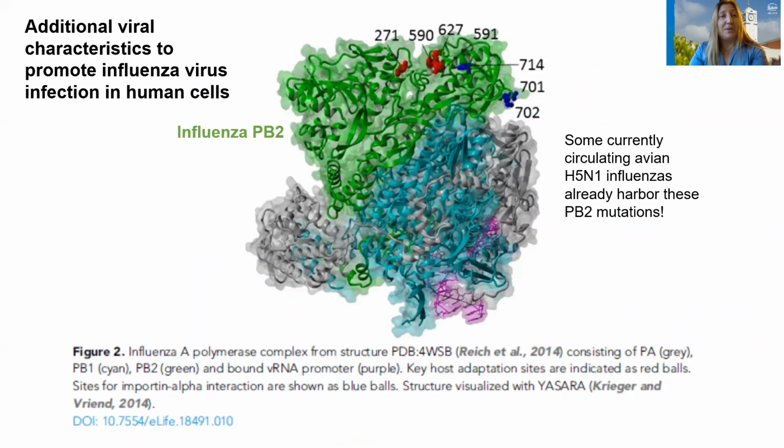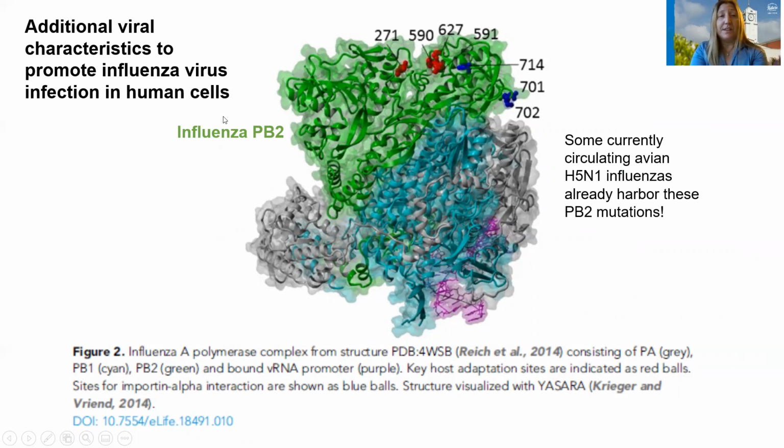In addition, we know other characteristics for influenza that promote infection in human cells. And so here we have 3 residues that are known to be important for efficient replication in human cells, and we know which amino acids are preferred to promote replication in human cells.